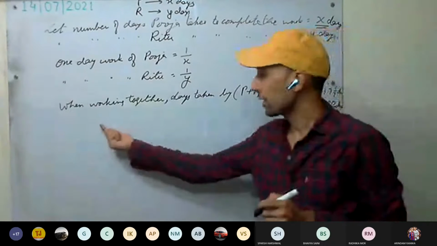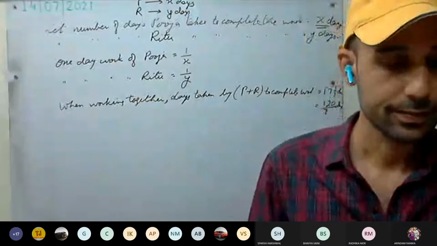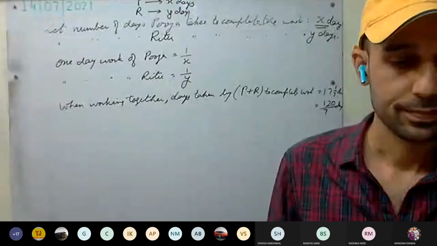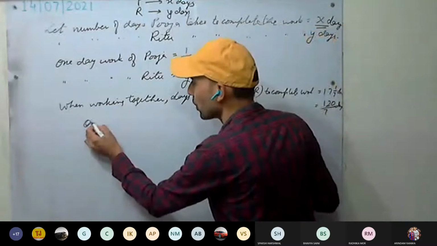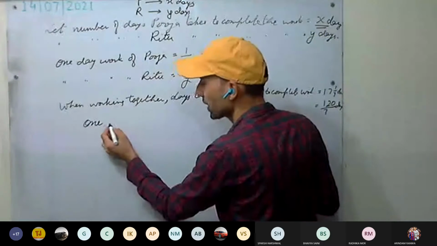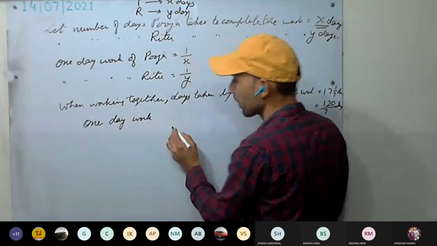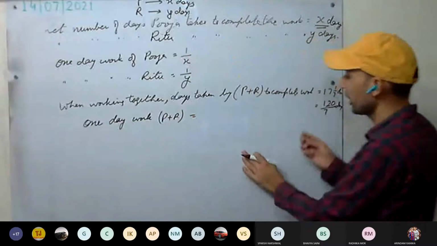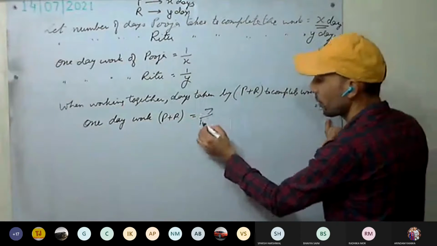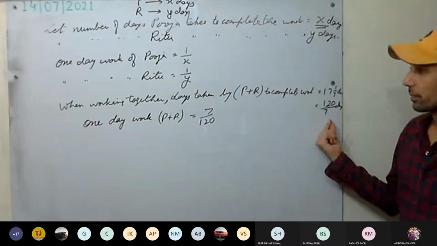So when working together, 1 day work of Pooja and Ritu will be how much? How much of the work do they complete in 1 day? Pooja plus Ritu, 1 day work will be 7 upon 120, yes or no?